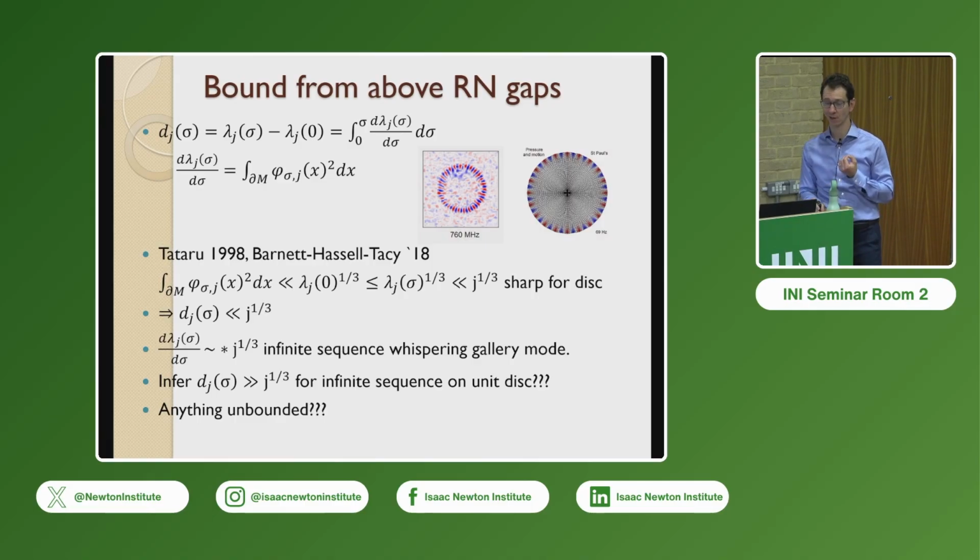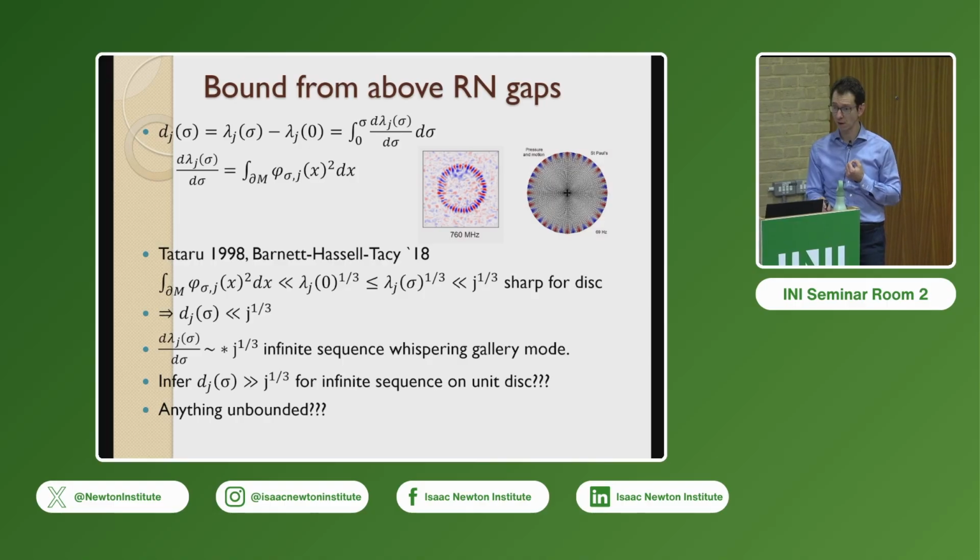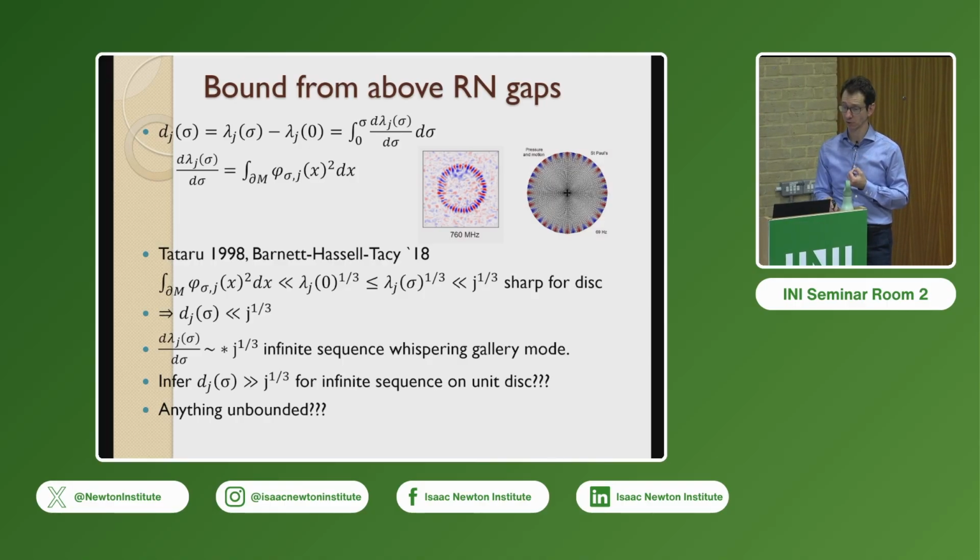Most of the L2 mass of the function is concentrated around the boundary, and therefore the corresponding derivative, d lambda j over d sigma, grows like lambda to the 1/3.